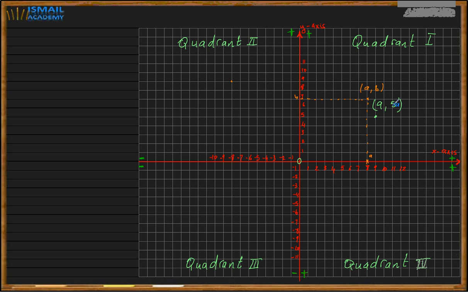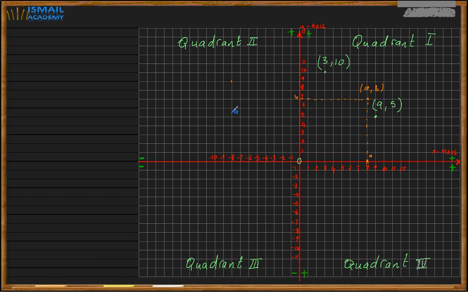Both of them are positive. Any point you pick here, for example, has x coordinate 3 and y coordinate 10. So this is the property of the first quadrant: all the points have positive x and y coordinates.